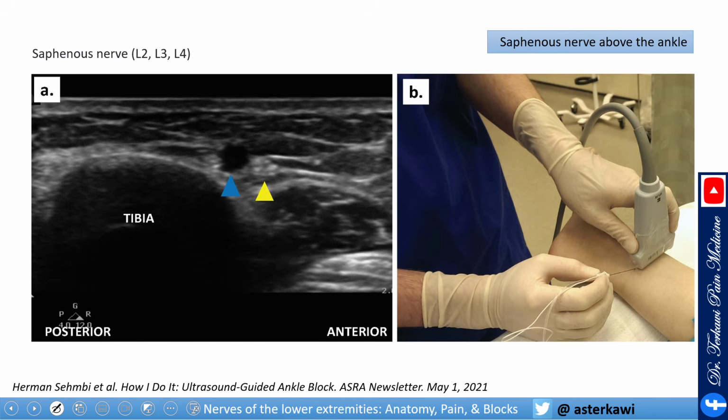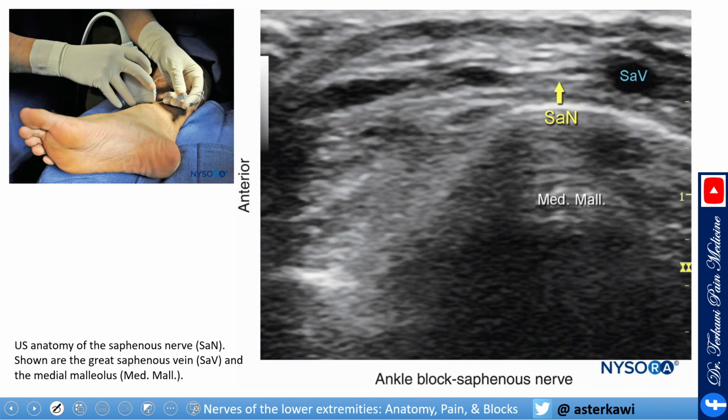This is the medial malleolus. This is anterior to the medial malleolus. You see the nerve with the vessels, very clear with the vein. This is another image here, and you can come from posterior to anterior to block the nerve.